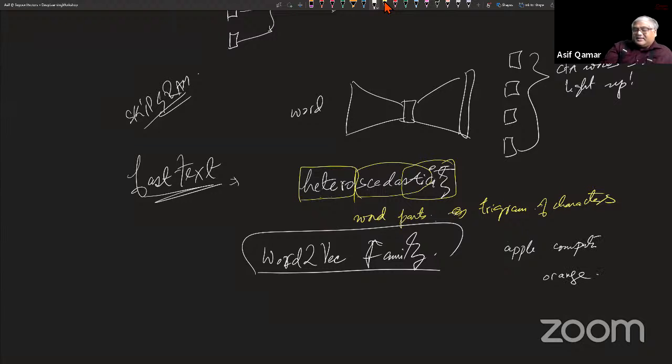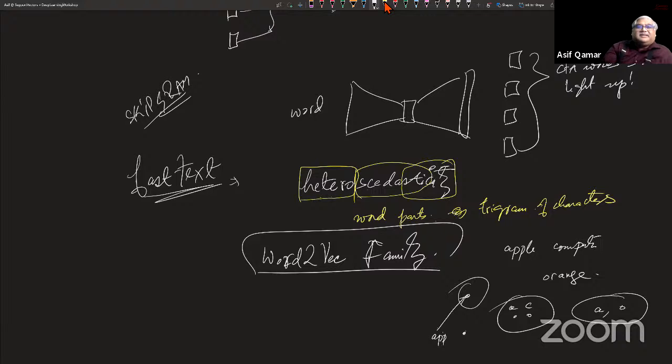And so what happens is that in your vector space representation, you'll have the peculiarity that apple is here, computer is here, orange is here, right? Whereas either Apple and computer should be near, or Apple and orange should be near, right? But both of the two shouldn't be true, isn't it?